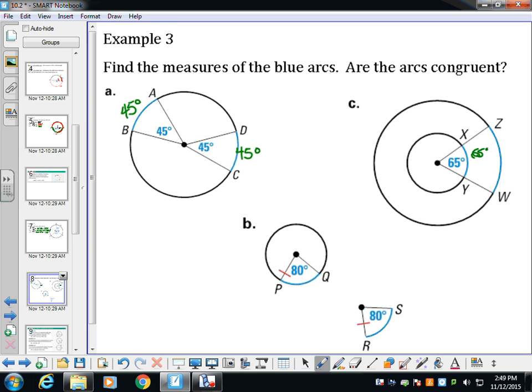They can only be congruent if they're in the same circle or congruent circles. B, arc PQ and arc RS are in congruent circles, so they are congruent. And I know that these are in congruent circles because they have equal radii.